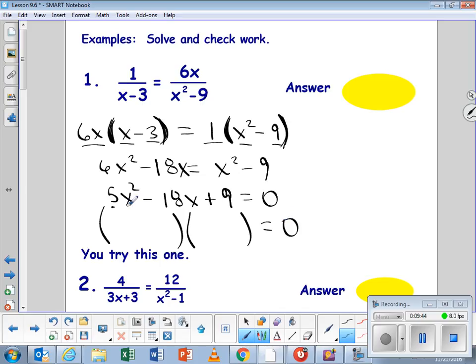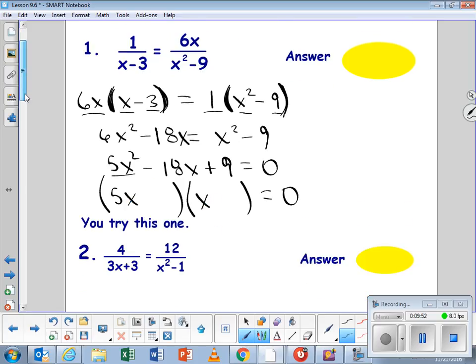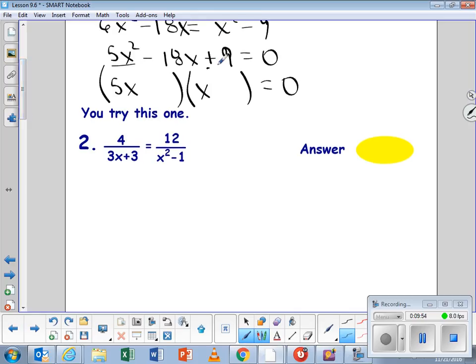And so the only way to get 5x squared is 5x and 1x, right? And the only way that I can get a positive number here is if both of these signs are the same as this, right? So they both have to be negative. So the only thing I have to worry about is how do I get 9?